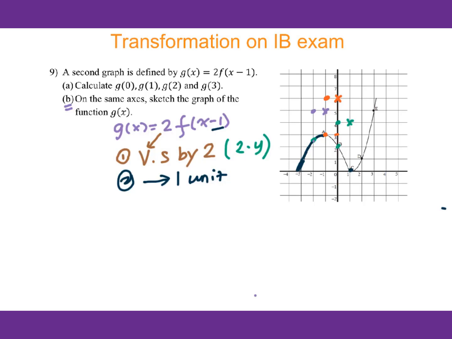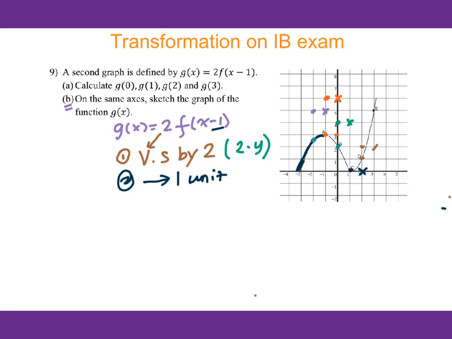Now let's go to this C. Y coordinate multiplied by 2, that's still 0. Then move to the right 1, that's here. Let's go to this D. Vertically stretched by 2, y coordinate 1 multiplied by 2, go here.